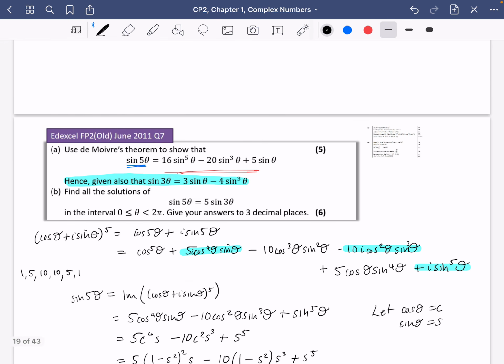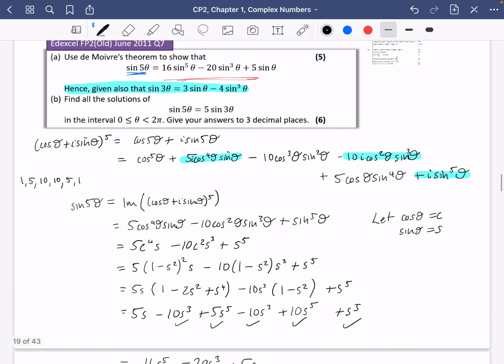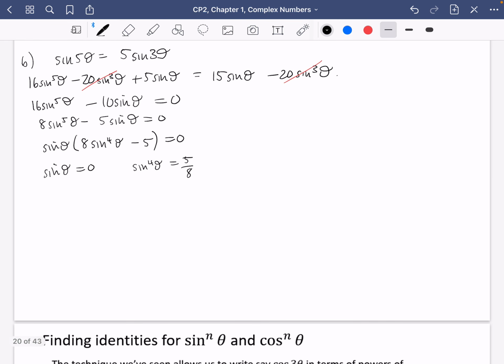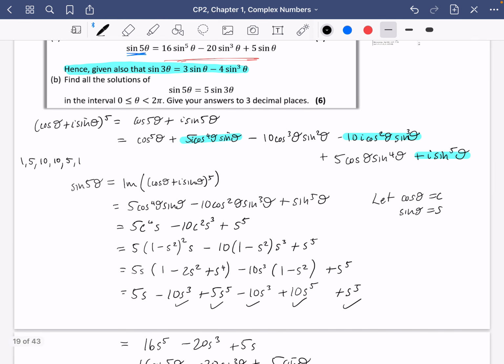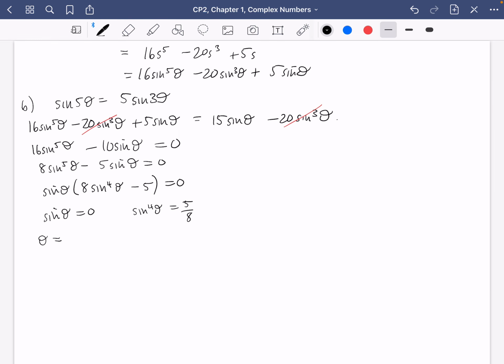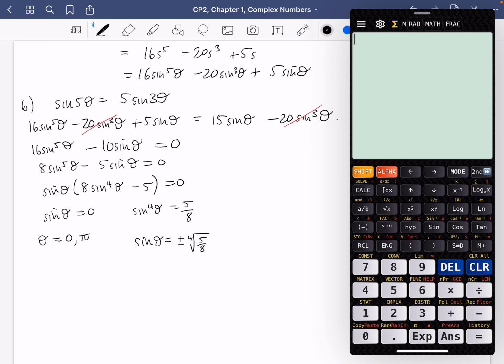Just want to check the range. So they want it between 0 and 2 pi, and they want the answers to 3 decimal places. So I know that sine is equal to 0, and it's not including 2 pi, when theta is equal to 0 and pi. And for this one, sine theta is going to be plus and minus the 4th root of 5 over 8. And it wants it to be in radians, which is good.